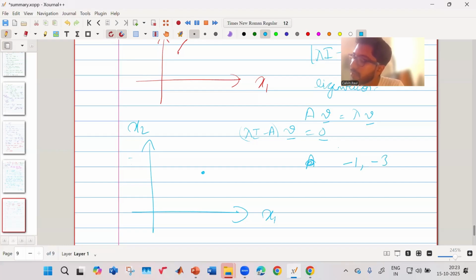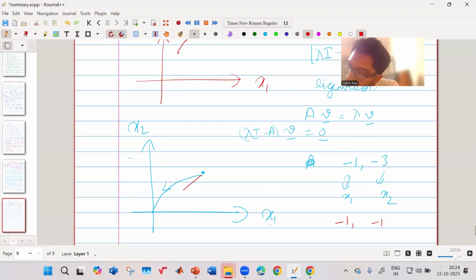So since -1 is for the x1 axis and -3 is for your x2 axis, it will reduce in x2 much more as compared to x1. So the trajectory will look like this. Okay? Not like this. Let me draw better. It will come like this. It would lean like this. Let us consider a case where it is the same, -1, comma -1.